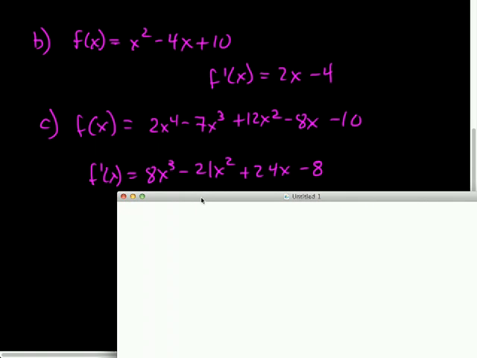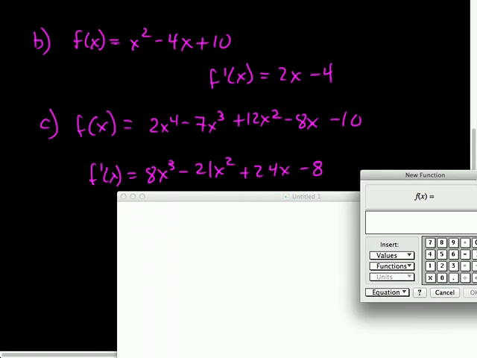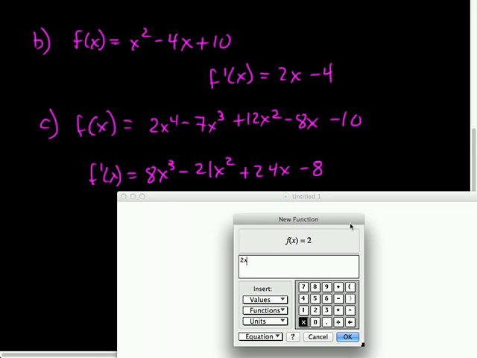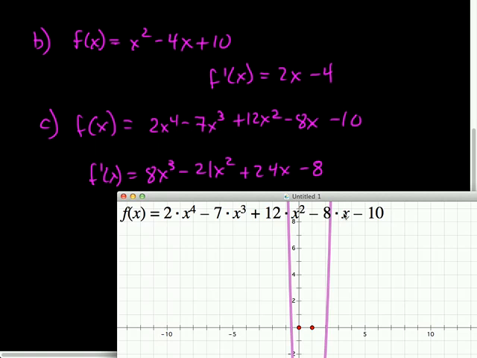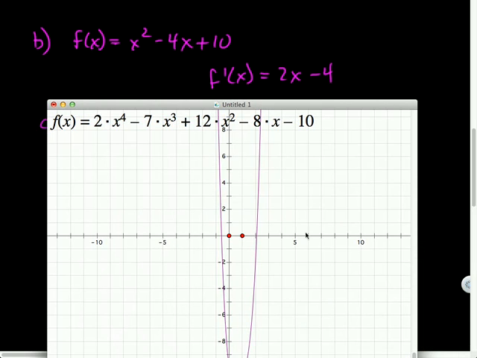Let's see. What if, let me graph the original function. I just want to show you some more relationships between this one, which will have a lot more bends to it: 7x cubed plus 12x squared minus 8x minus 10. All right, let's see.